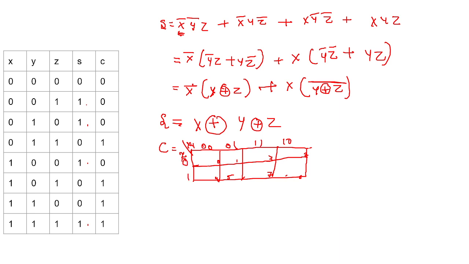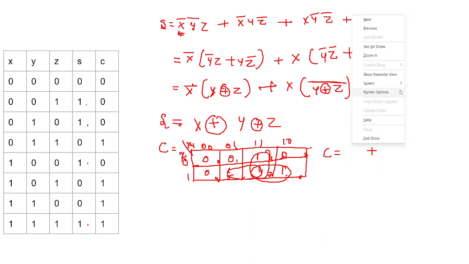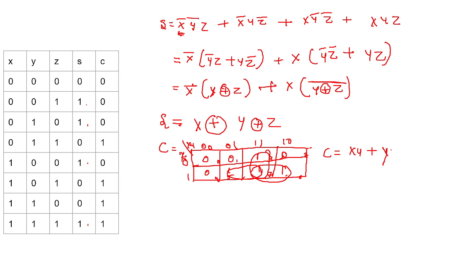The entries are 0, 0, 0, and then 1, and then 0, 1, 1, 1. So this will be 3 combinations of 2. So for carry I will get x and y, y and z, plus z and x.